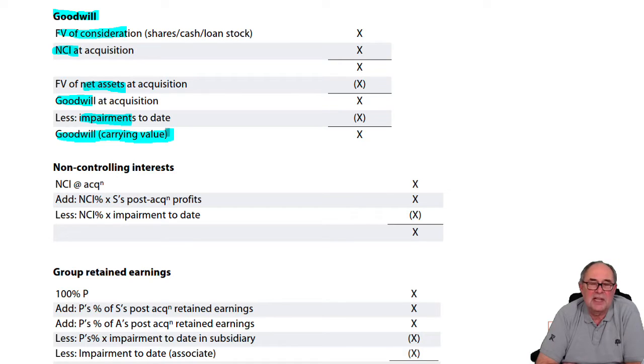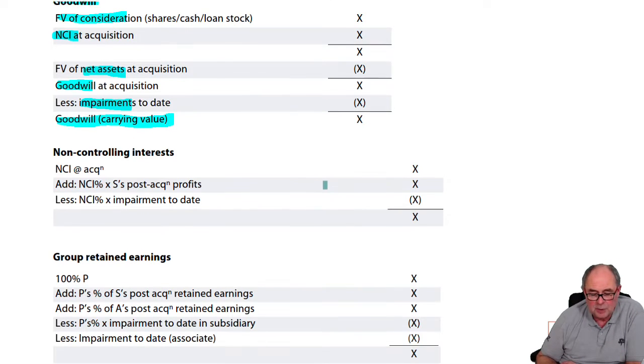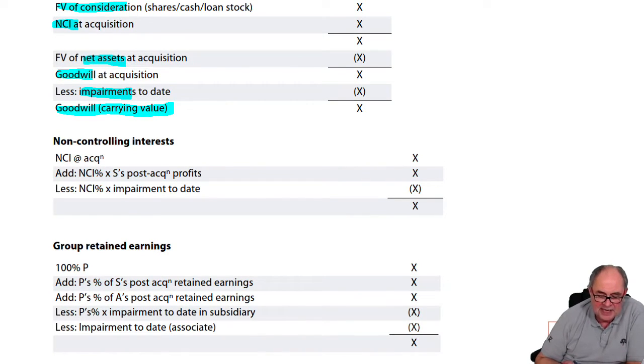The second standard working is non-controlling interest. This in the bottom of the balance sheet is the bit that belongs to the minority. And the standard working for that is to take the NCI at acquisition. Importantly, it's the same number as you would have used in the Goodwill working.